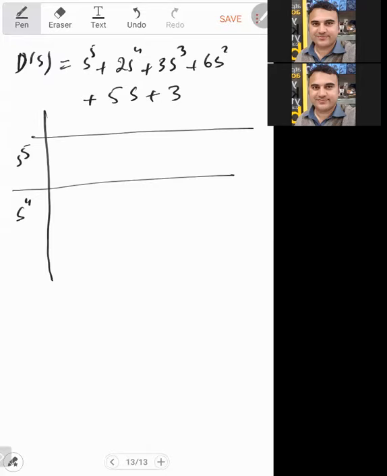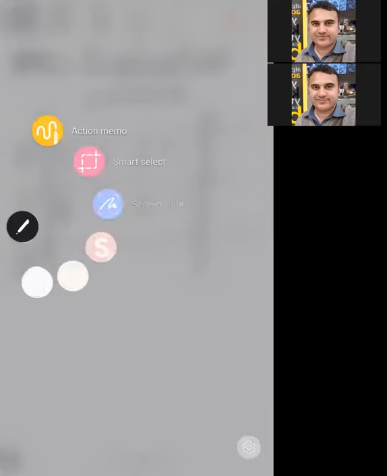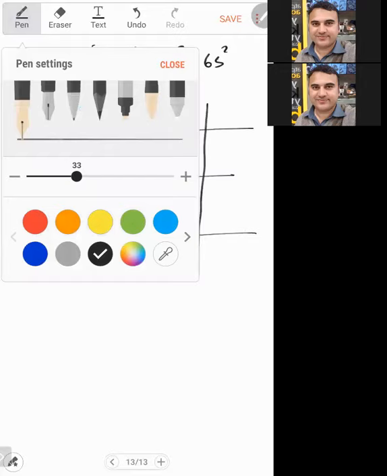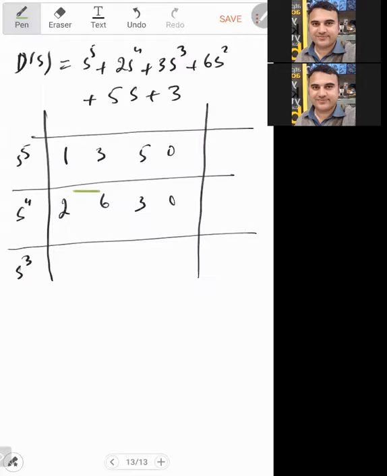The s^5 row is 1, then 3, then 5, and the s^4 row is 2, then 6, then 3, and finally we can add these two zeros for calculation. So the next row is s^3. How can s^3 be found? I will repeat this one time, and then I will not repeat these calculations. Multiply this by this one, and this by this one, divided by 2. So this will give us 3.